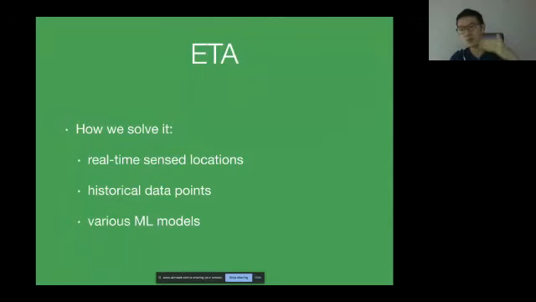Then we cannot say, okay, this is noise, we just leave it. So we also apply different methodologies, like we try to learn from our historical data points. We have all the real-time sensors applied nowadays. We also apply different machine learning models. For example, we have all the historical data saying from A to B, how long it takes.